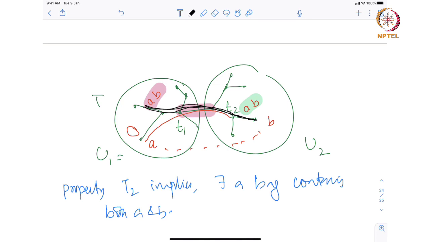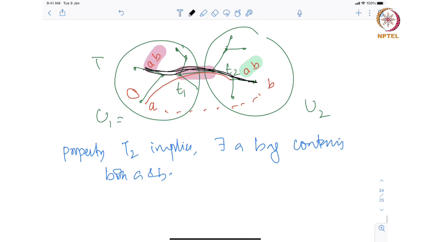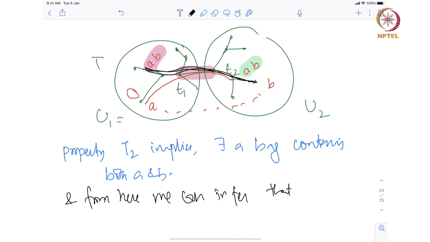Okay. So, this immediately implies there is a bag containing both A and B, and from here we can infer the desired separation property.